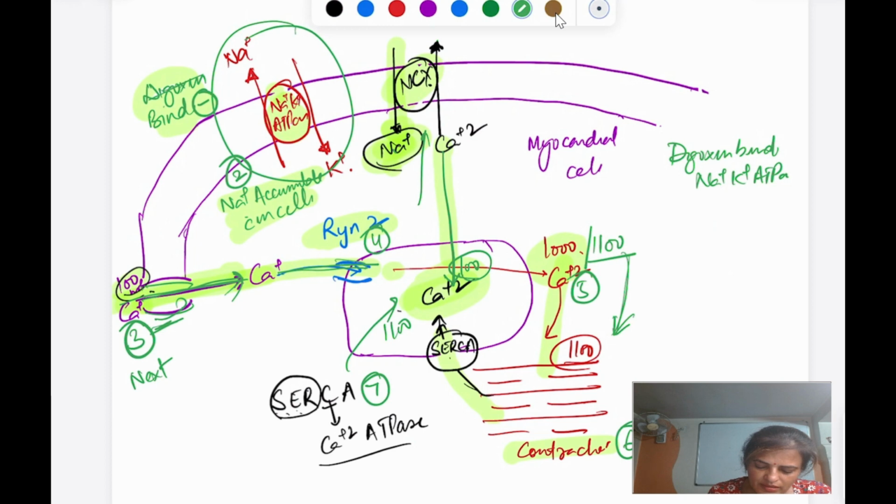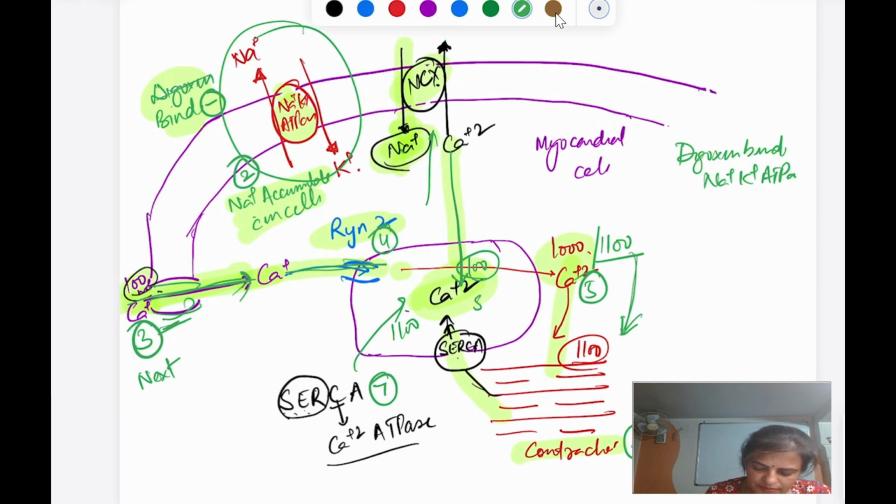Then where will this go? To the sarcoplasmic reticulum. And once a sufficient level of calcium is achieved within the sarcoplasmic reticulum, the cell is going to contract. The myocardium is going to contract.